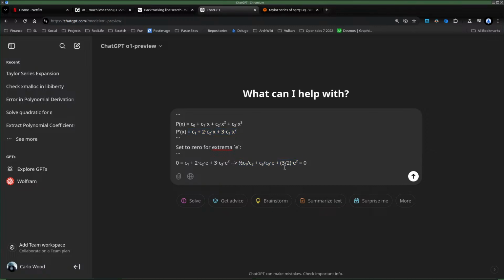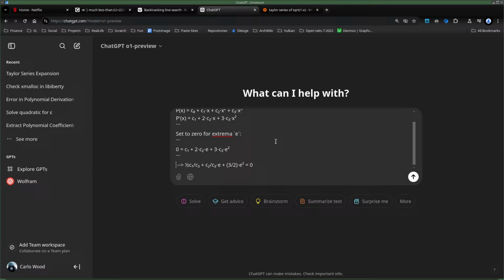I think I divided it by 2C3. I just did that to be able to apply the solution formula for a quadratic directly.